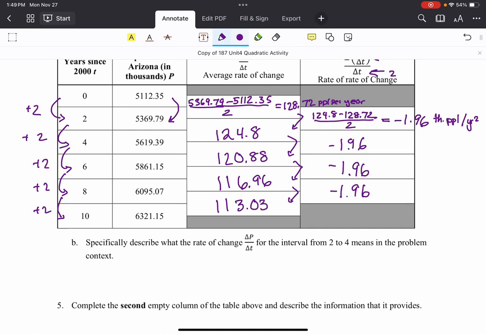So what does the rate of change from 2 to 4 mean in the context of the problem?